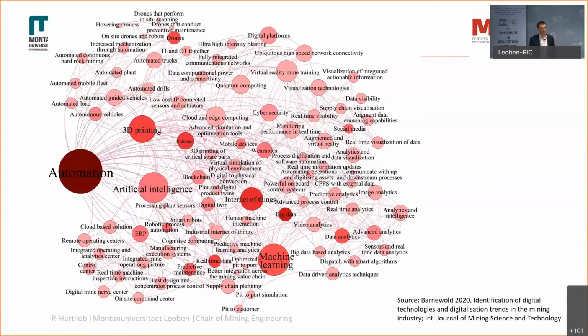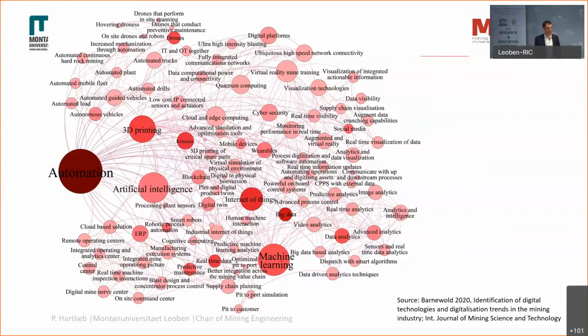So they collect data so that automated equipment can move in their mine, or automated equipment can dig or do something else with that. And if you go on the bottom side here, it's going along with automation. You have artificial intelligence there as a very important topic. You have machine learning there as a very important topic.